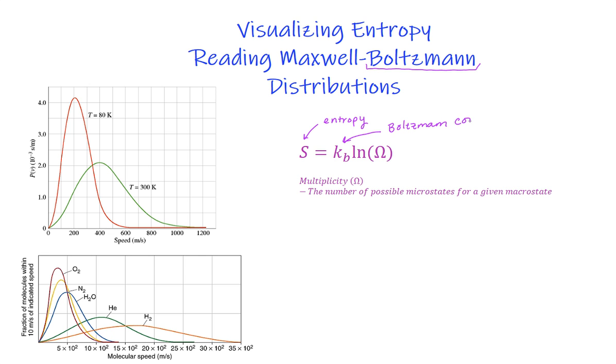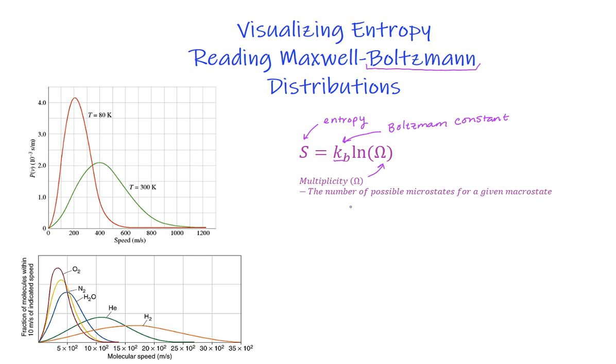And the Boltzmann constant, remember, is a number, and it must not be confused with kinetic energy, which this K shares as a symbol. We then have the multiplicity, and I have the multiplicity defined again here as the number of possible microstates for a given macrostate. And that's super important in understanding what we're going to be talking about next. So make sure to go back to the entropy introduction video to get a visual definition for what this is.